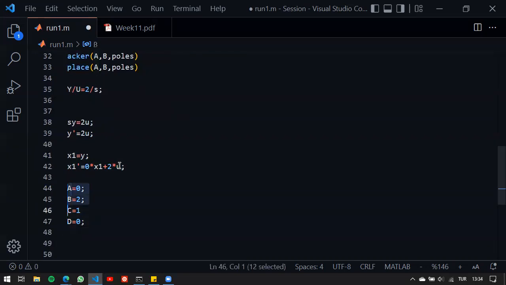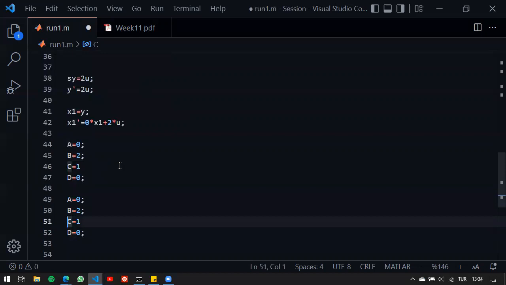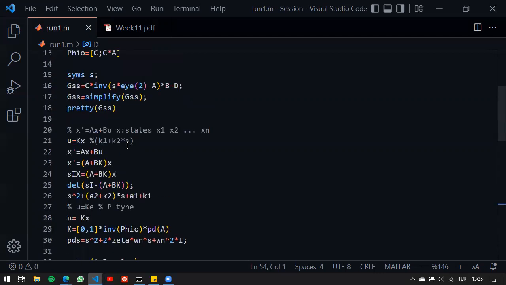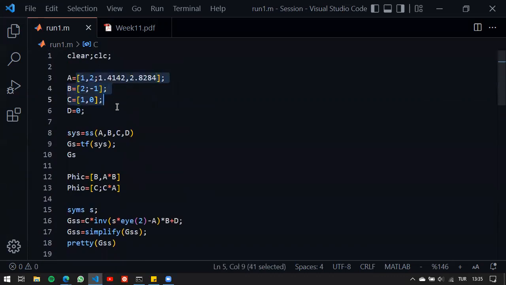But I can argue that I can also use it like that, or any other combination that has B times C equals 2, which shows us that there's no unique state space model for a given transfer function. You can have anything you want, even a 2x2 model here.